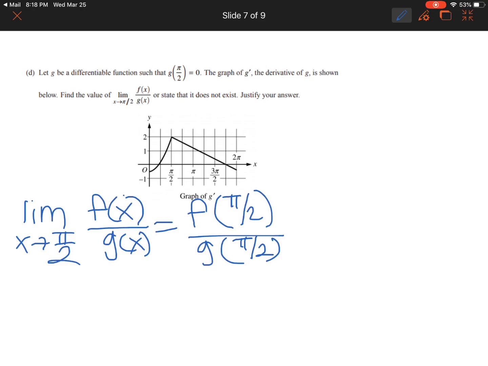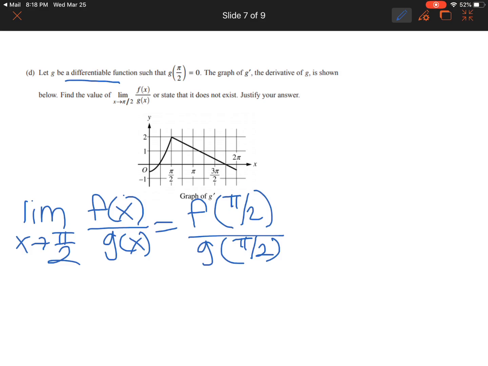Well, it's equal to the limits of those. Let me rephrase this for you. Since f is a continuous function, f of x equals e to the x times cosine of x, and that's a continuous function, we can say this. However, for g of pi over 2, is it continuous? It says it's differentiable in the problem, so thus it is continuous.